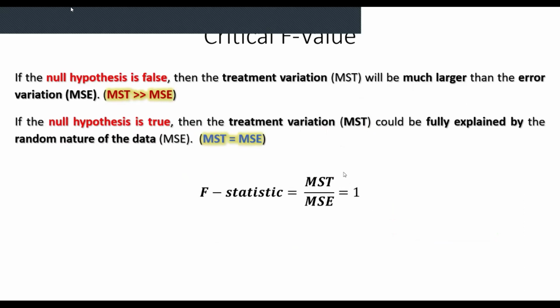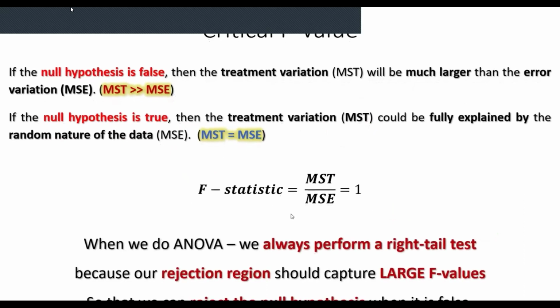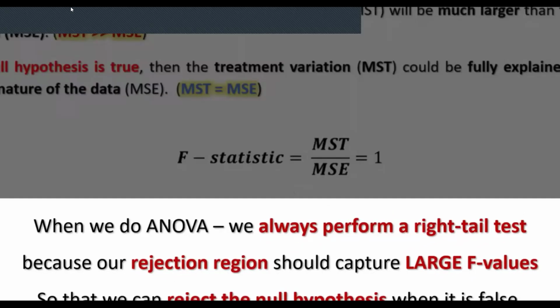The reason I tell you that is to make this really important point. When we do ANOVA analysis, we always perform a right tail test. The reason is that we want our rejection region to capture large F values, so that we can reject the null hypothesis when it is false.